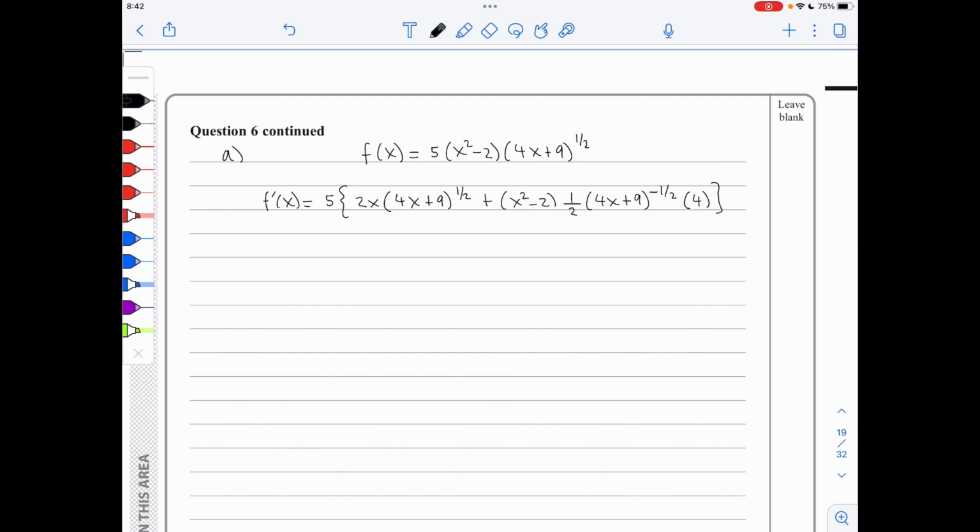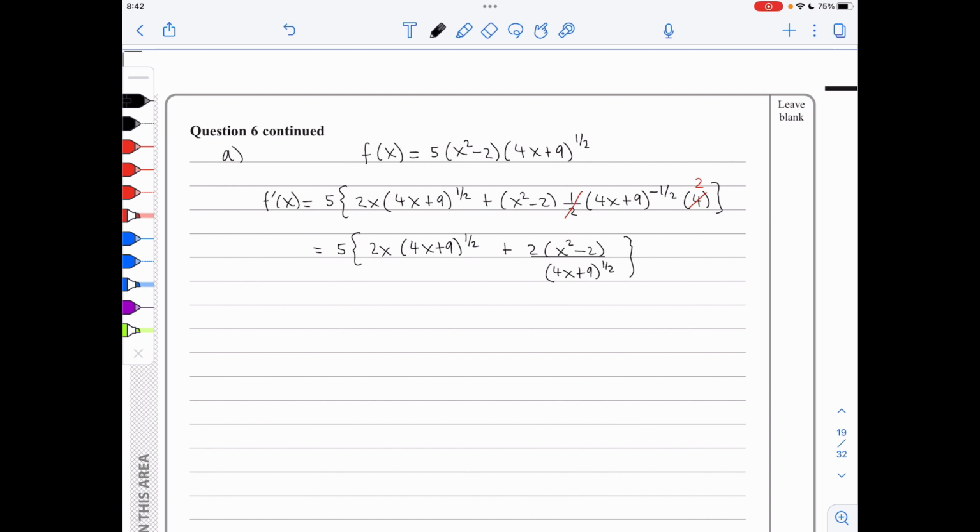Therefore I can now proceed into simplifying things. Now the a half with the 4 leaves me a 2 here, and then I will write this as 5 brackets 2x times 4x plus 9 to the half plus 2 times x squared minus 2 over 4x plus 9 to the half.